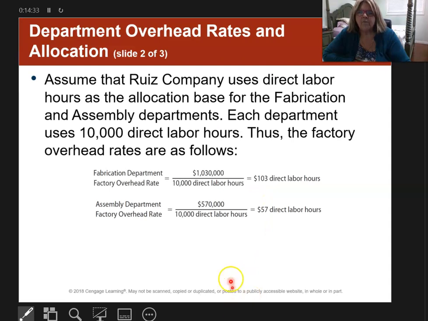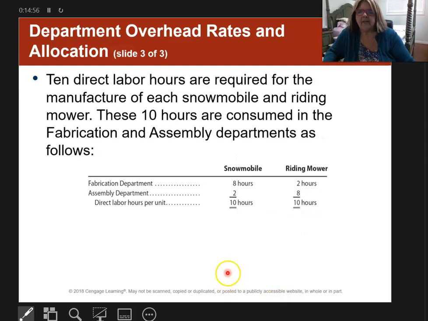So here's my formula. We knew that each of them took 10,000 hours. We found that in the beginning. So for the fabrication department, I'm going to take the budgeted factory overhead for that department only, and I've got $103 per hour, and the assembly is $57 per hour. So now I have two different rates, and they're going to come together like this.